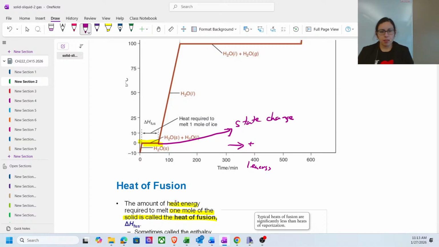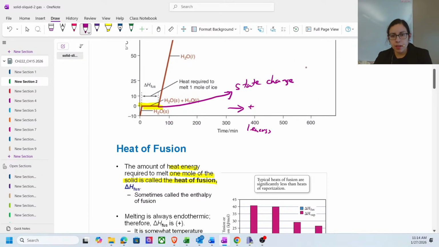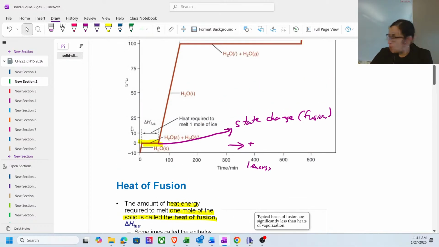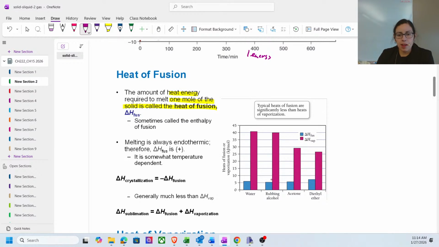This first one corresponds to our heat of fusion, or melting. For every substance, you would have to look up the heat of fusion. Here's water shown: just over 5 kilojoules per mole.